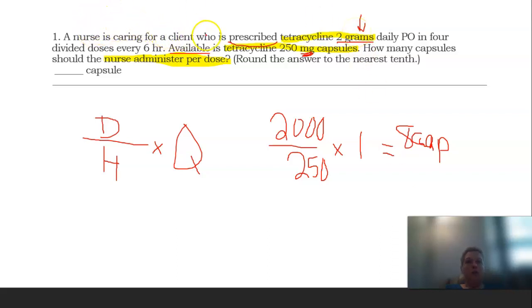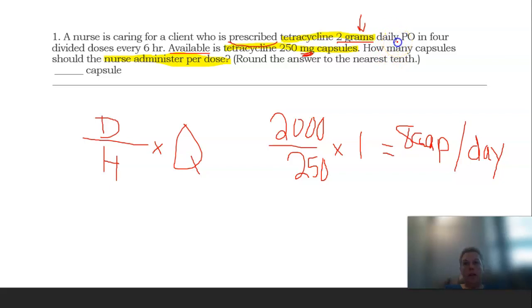A nurse is caring for a client who is prescribed tetracycline 2 grams daily. Oh, it's every day. Okay. So they are saying every day they need the 2,000, not every dose.